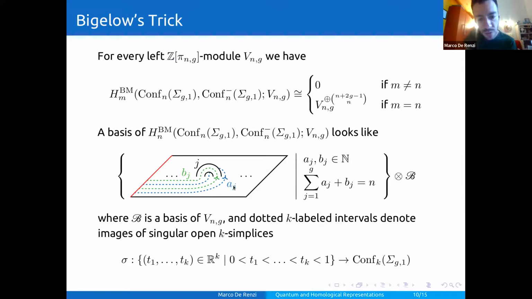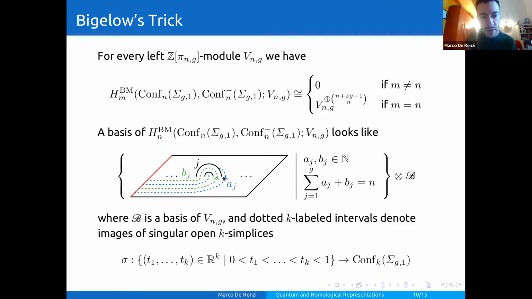These curves are dotted and they carry labels. These labels are given by natural numbers, and they are required to sum to the number n at which you're looking at the homology. This gives you these many vectors, and then you tensor with a basis for the coefficient module. This will give you a basis.